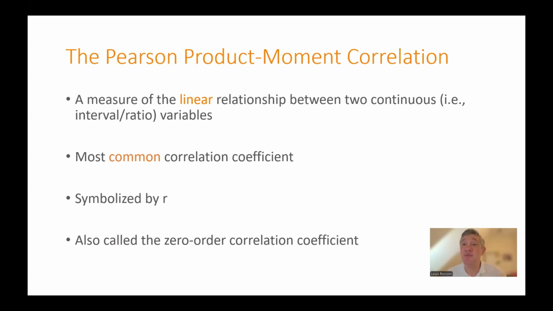Usually when we say the word correlation, they're probably referring to this measure, Pearson's R. This is a measure of the linear association between two variables, and typically these variables are measured on an interval ratio scale. This is our most common correlation coefficient, and you'll typically see it symbolized with the letter R.